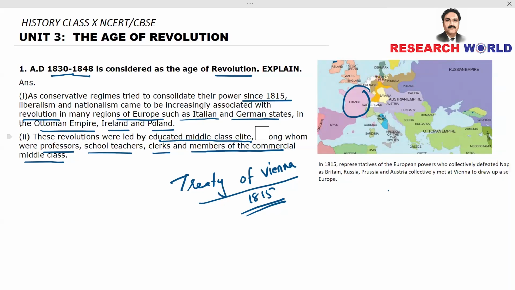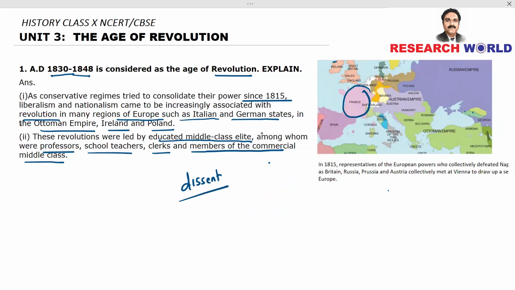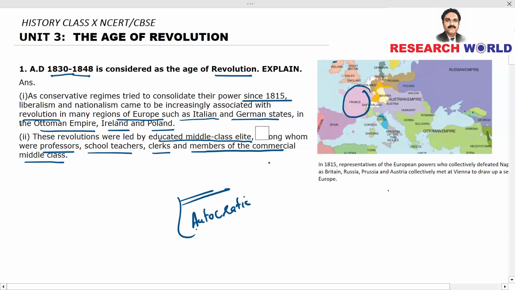And as we have already discussed, these conservatives were intolerant to dissent. Dissent means difference of opinion. They were so intolerant and they were autocratic. These points we have already discussed in Unit 2. If you have not revised that Unit 2 part well, you can go back and check the class. Then you can come back and continue here.